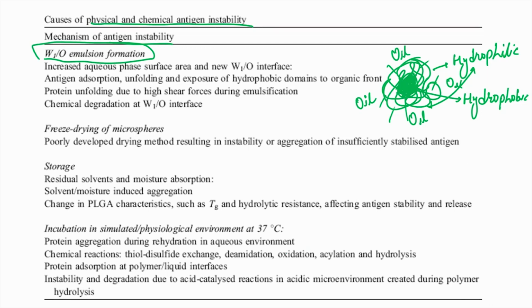Then what is done, once these particles are formed, is that for storage purposes freeze drying is widely used. You take these particles and put them through a lyophilization or a spray drying process, in which you ensure that all the water in the system is gone.